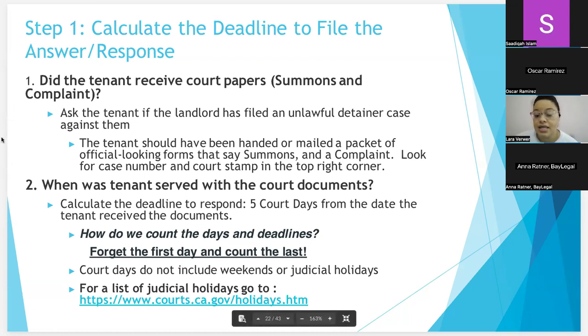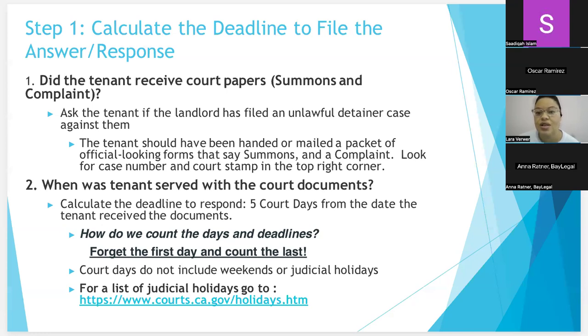If a tenant wasn't properly served, a response that a defendant can file is called a motion to quash. We won't get into that in detail, but just know that if a defendant wasn't properly served, for example, not by personal, substituted, or posting and mailing, or it was posted on the door but the landlord didn't get a court order to do so, then an option would be filing a motion to quash.